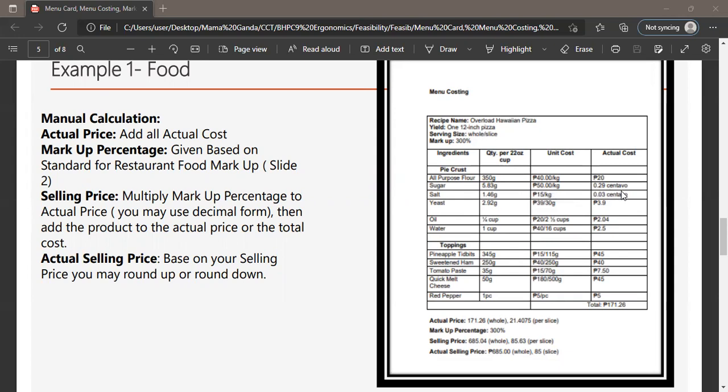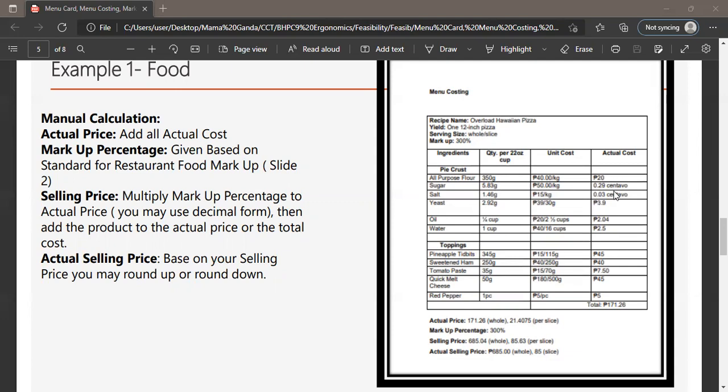So how are you going to get this result? You need to first convert to the cost per gram of the sugar. Later on, I will show you the computation for this. As you convert, you will multiply the price per gram by the quantity that you are going to use.